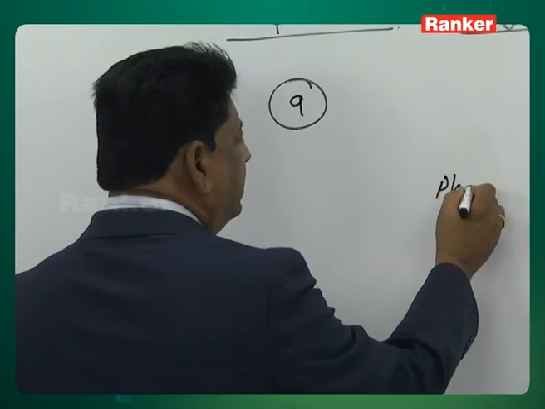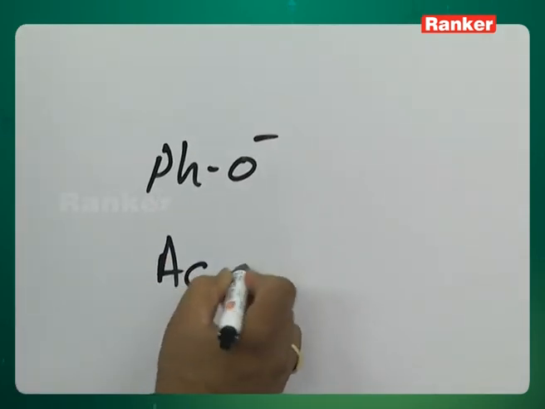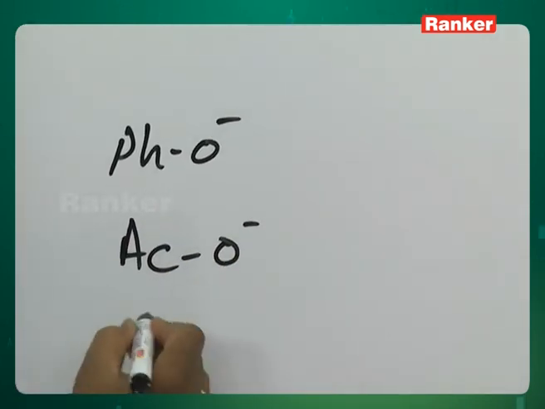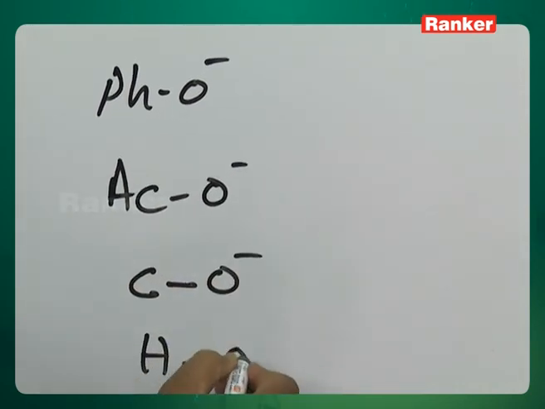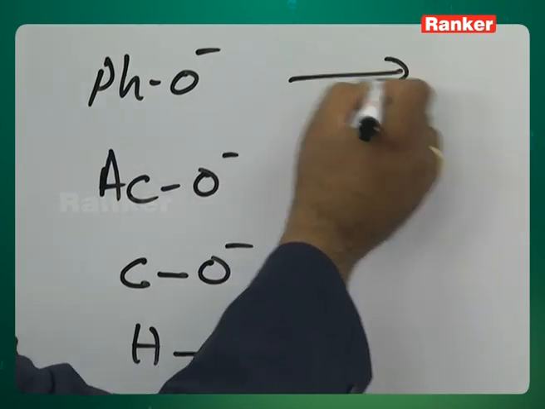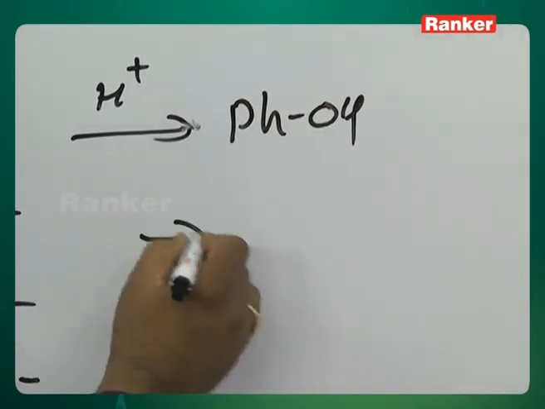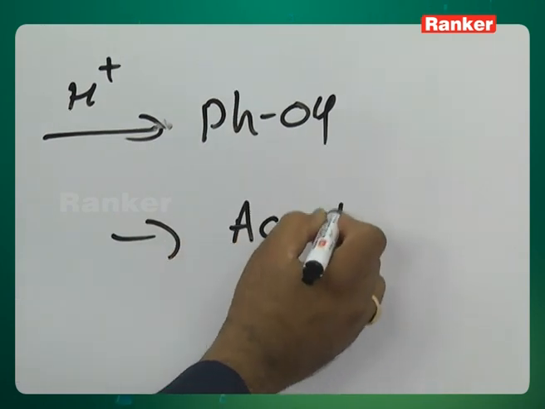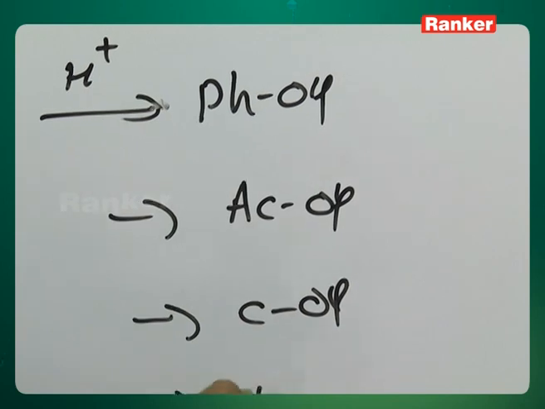Whether phenoxide is strong or not we cannot decide directly, but we can decide from the acids formed after adding a proton. This becomes phenol, this becomes acetic acid, this becomes methanol, and this becomes water.